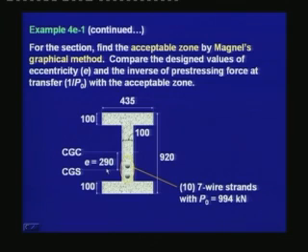The calculated eccentricity has been rounded off to a value of 290. That means the CGS is located at 290 millimeters below CGC, and we had selected 10 7-wire strands with P0 equal to 994 kilonewtons. This design was for a type 1 section satisfying the stress conditions which were calculated from basic principle.